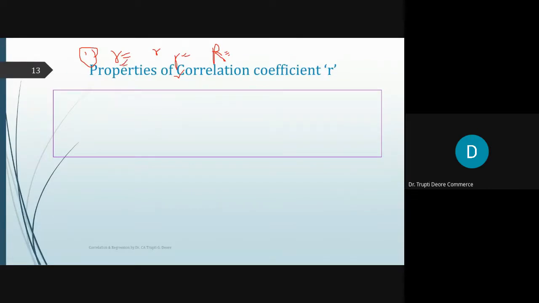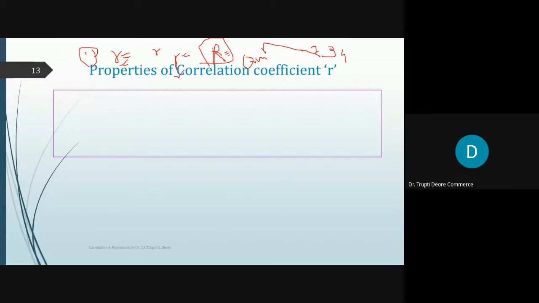For that purpose, Karl Pearson's product moment coefficient of correlation is more effective than rank correlation. Rank correlation is used for qualitative data where you cannot define the quality of a person. You just give ranks to the person on the basis of their characteristics or attributes, and on that basis you can use rank correlation.